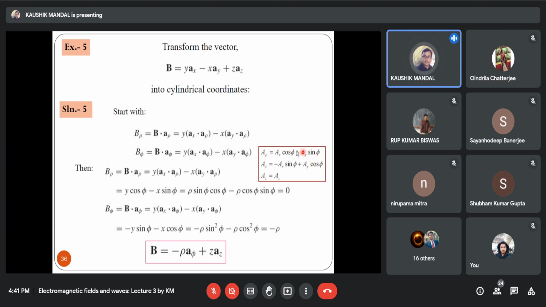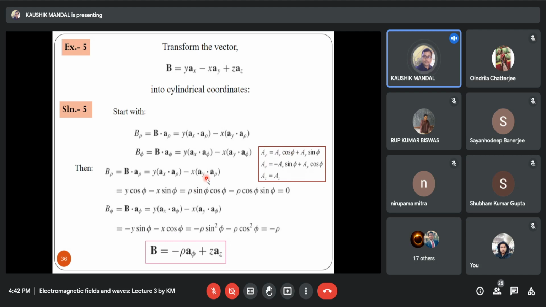See, these are the transformation equations. We have written the cylindrical coordinate in terms of Cartesian coordinate. So if you consider the a rho, first ax dot a rho. If you perform the ax dot a rho, it will become cos phi.